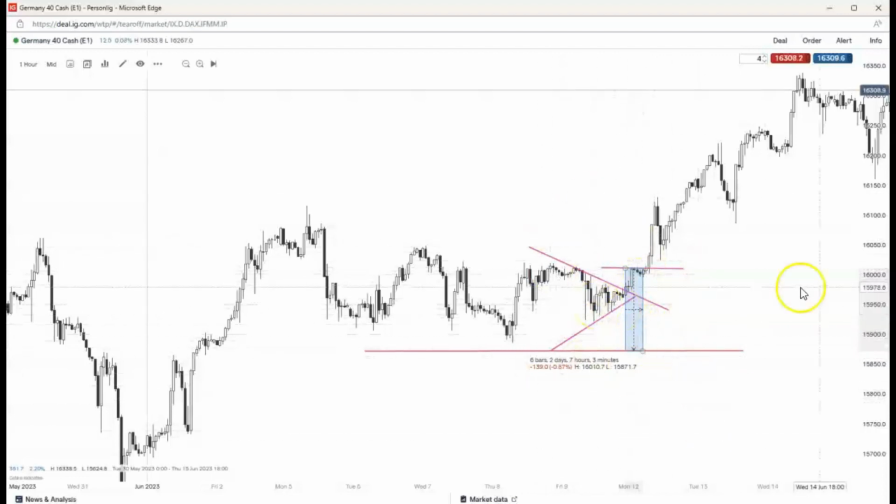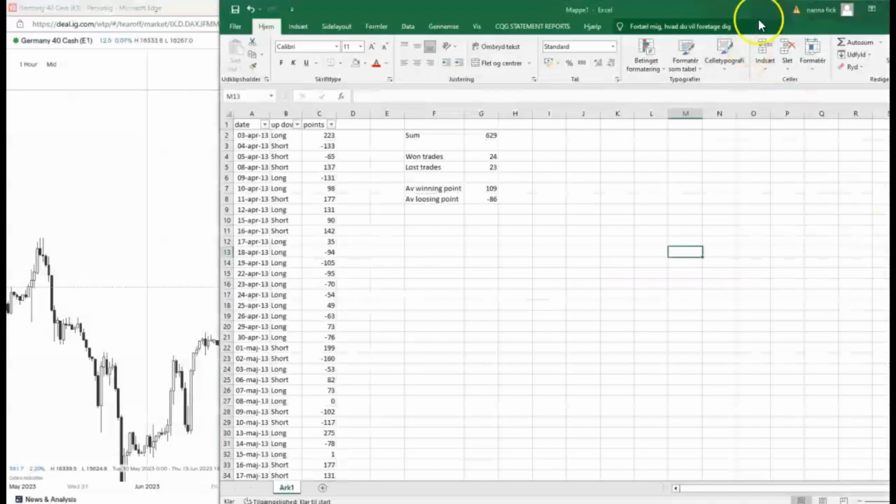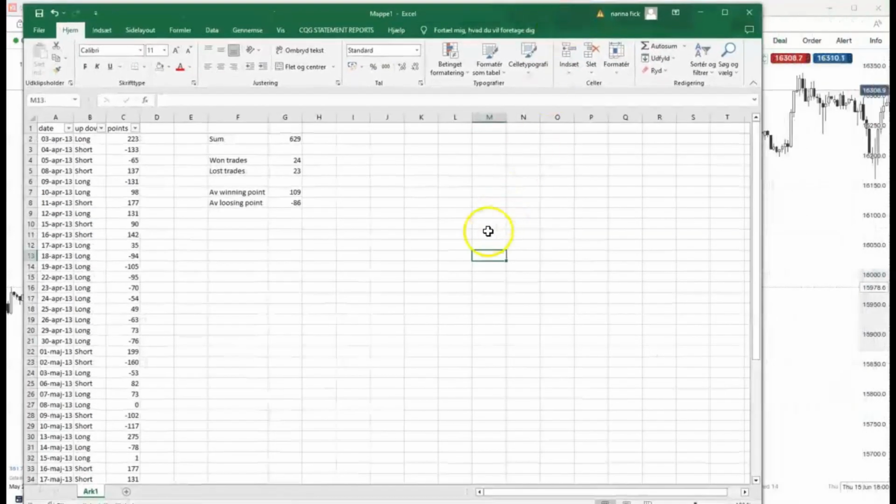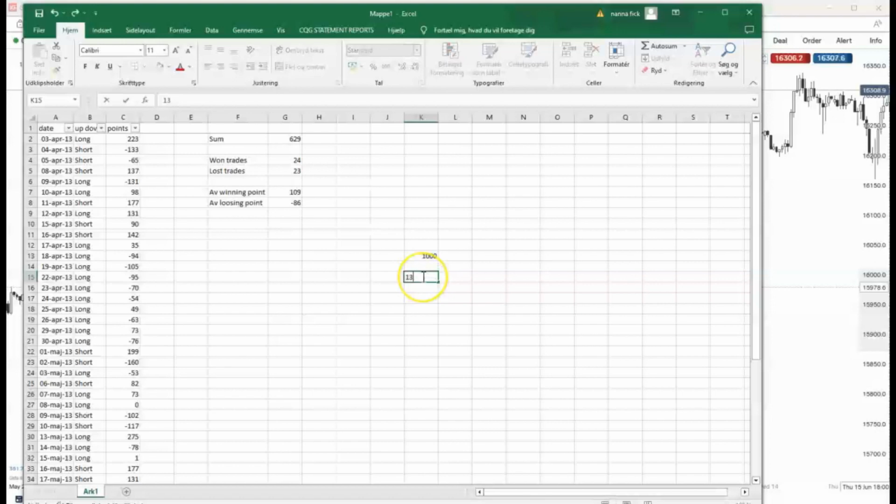I have an Excel sheet here. If, for example, I can lose $1,000 and I risk 139 points on this trade, then I can enter this trade with $7.